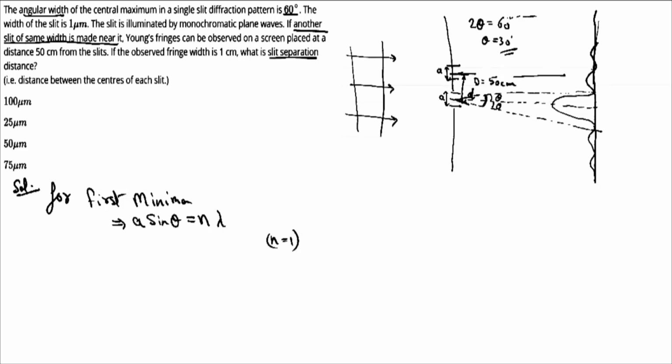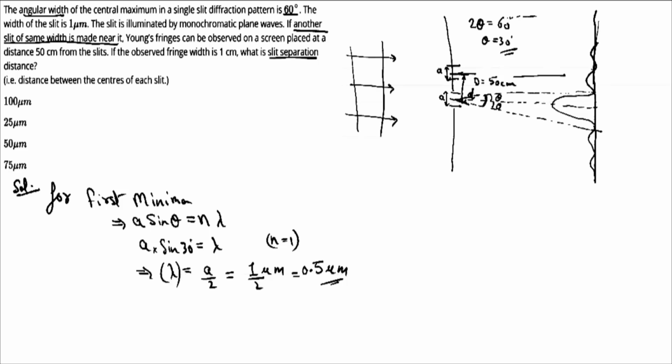So A into sine 30 degrees is equal to lambda. Therefore lambda is A upon 2, and A is 1 micrometer, so lambda is 0.5 micrometer, the value of the wavelength.